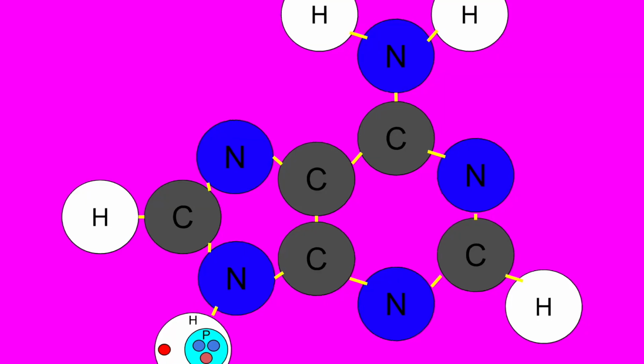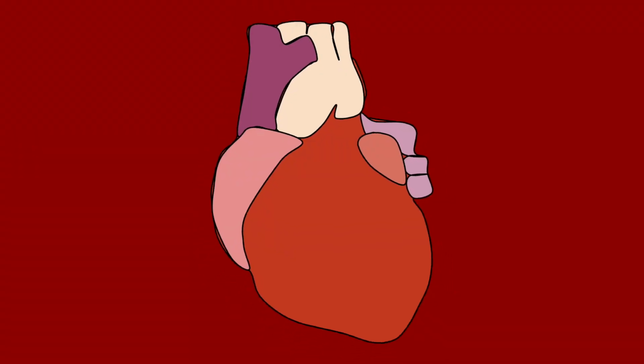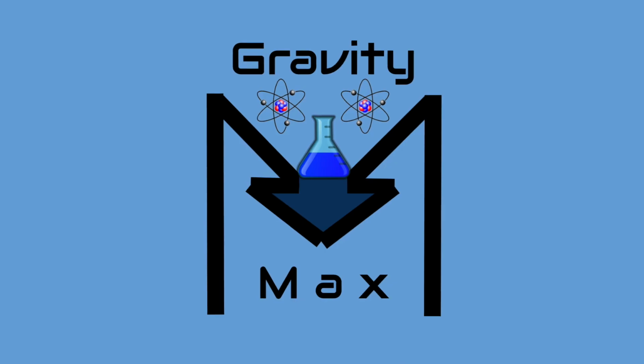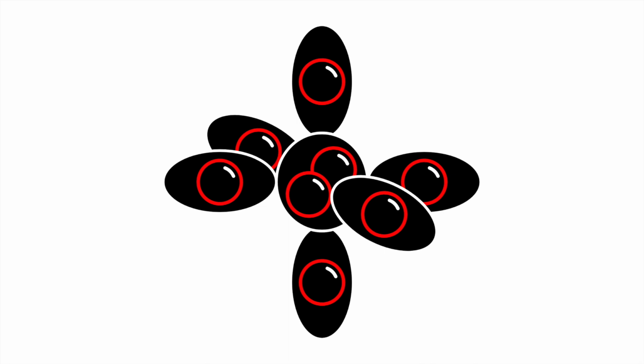In covalent bonds, atoms share electrons, but sometimes atoms get greedy. Covalent bonds happen because atoms want to have complete or empty electron shells.